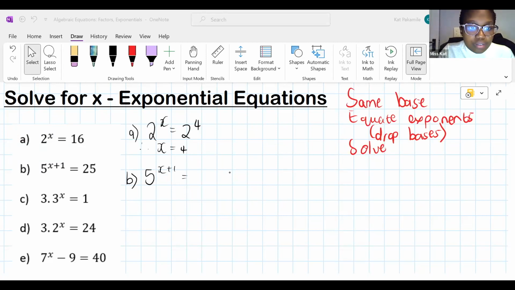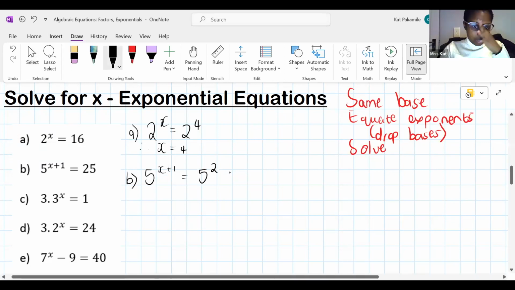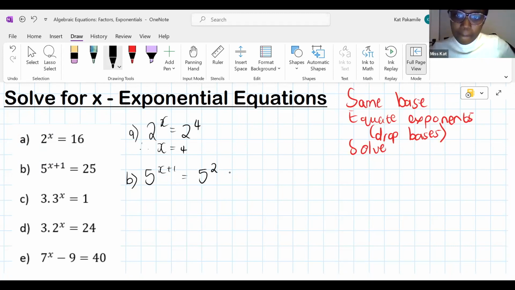For 25, you're just going to say 5 squared. Is that what you mean? Yes, ma'am. There we go. And now what? So x will equal 1, ma'am. Okay, so first you dropped your bases. So you said x plus 1 equals 2. And then you took your 1 over. So then you have x equals 1. Thank you very much.